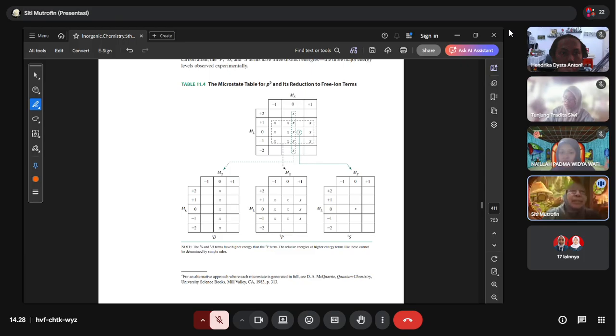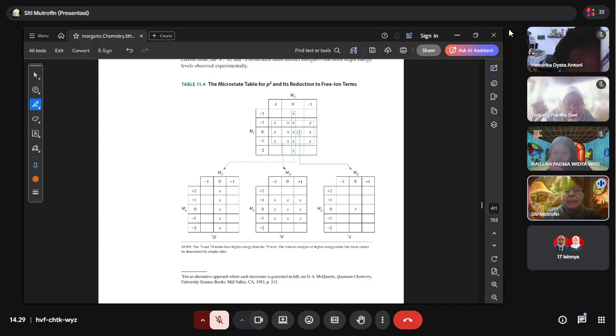After that, try to find the rectangular columns. From table 11.4, we got three rectangular columns: for 1D, and then 3P and 1S.